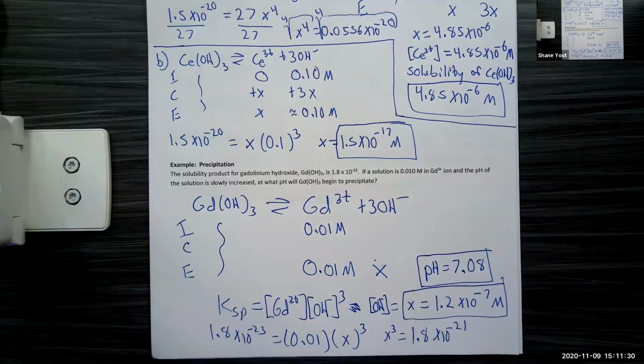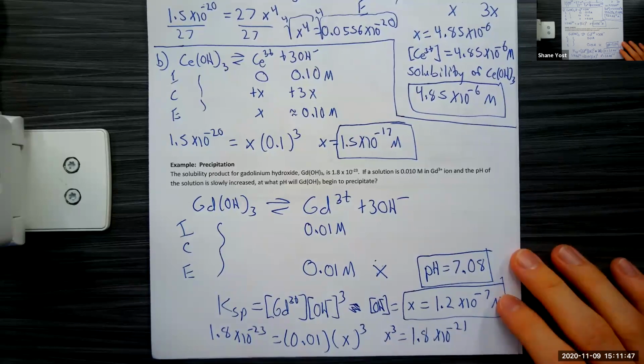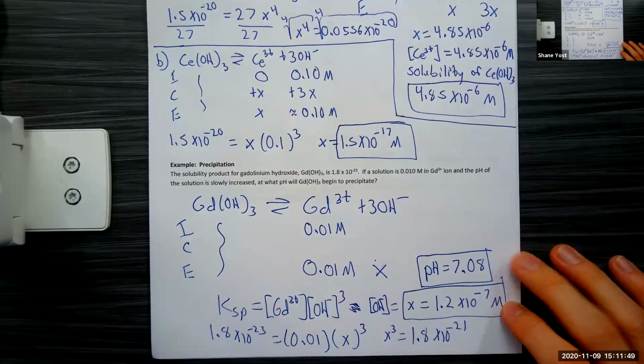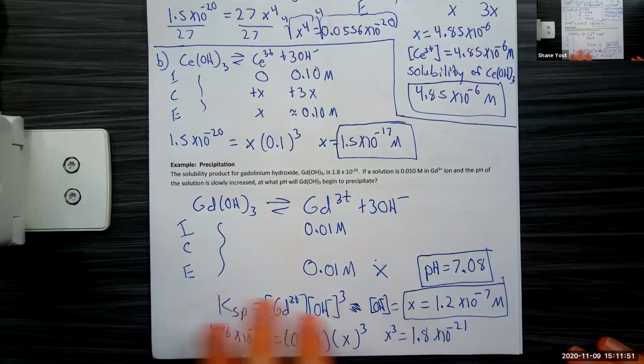Why would it be x instead of 3x? Why would it be x cubed? Why not 3x here? So I didn't do 3x mainly because I started setting up the ICE table and then realized this problem isn't set up like that.